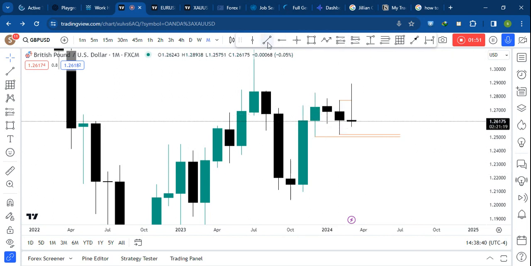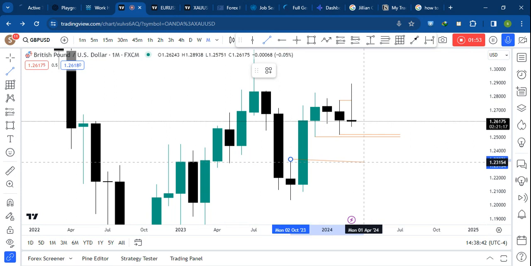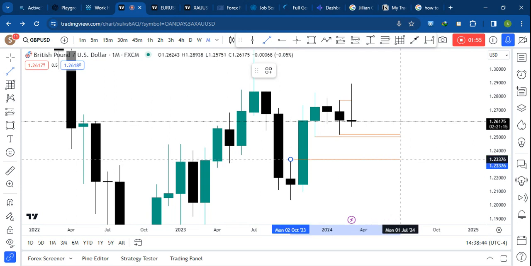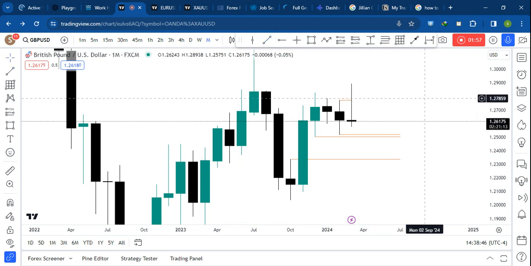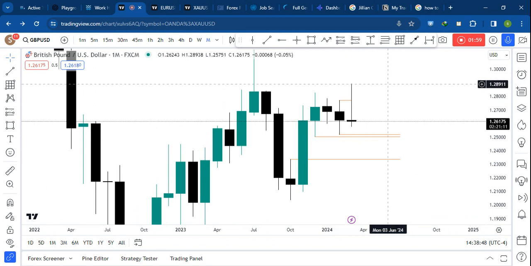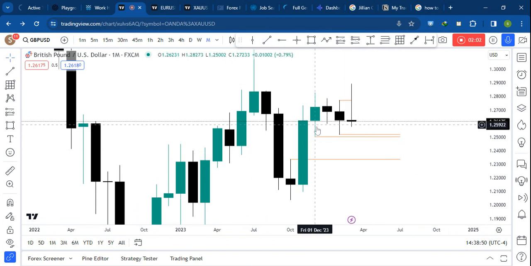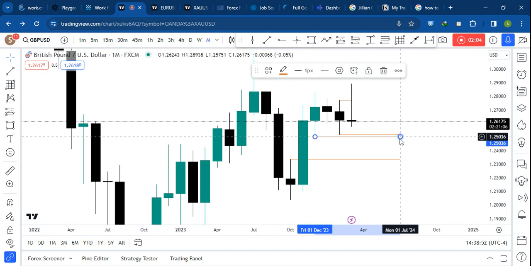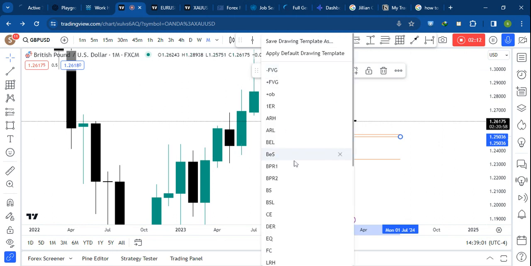Then in this area we have a good imbalance, also known as a fair value gap. So we know that this is the place that the market is drawing towards on the monthly perspective. So I will use just a fair value gap.